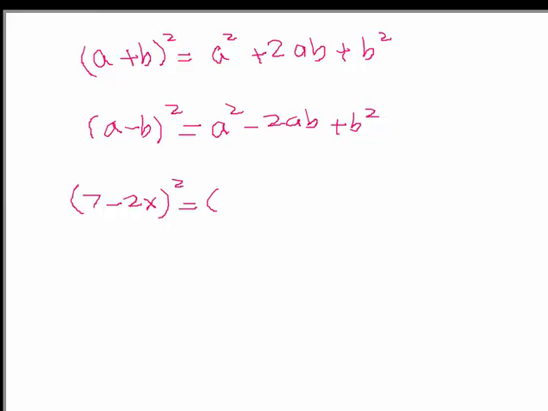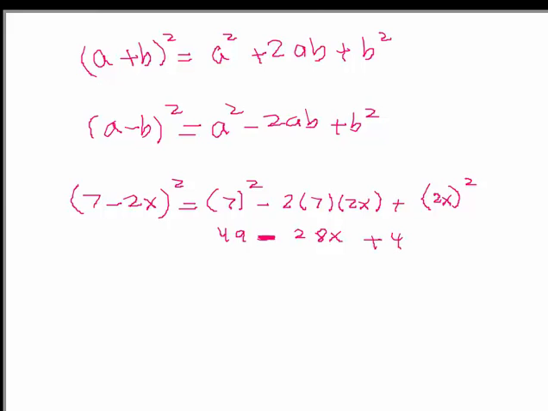Your a is 7 squared, your b is 2x squared, and your middle term will be minus 2ab. Again, a and b are always positive. So it will be 49, minus 28x, plus 4x squared. That's how we expand them.